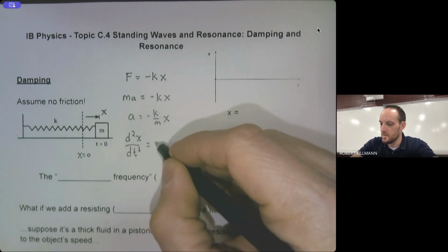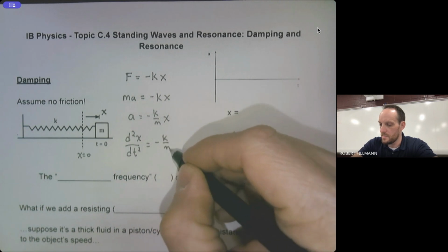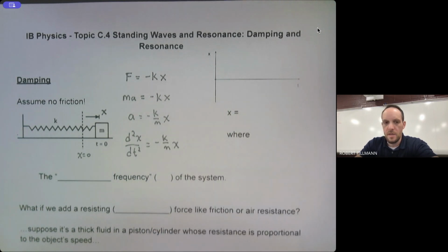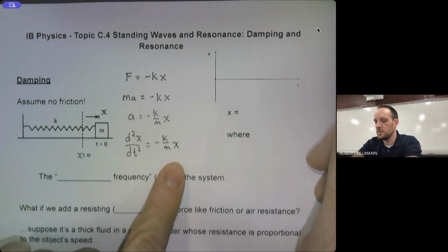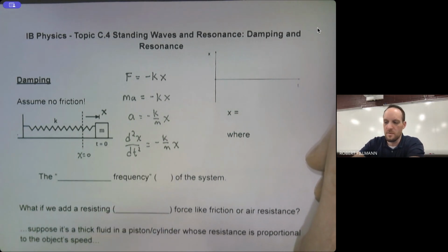And that's going to be equal to negative k over m times x. So we're looking for a function that's equal to the negative of its own second derivative times some constant. When you get into learning derivatives in calculus, you'll learn that the sine and cosine functions are equal to the opposite of their second derivative.